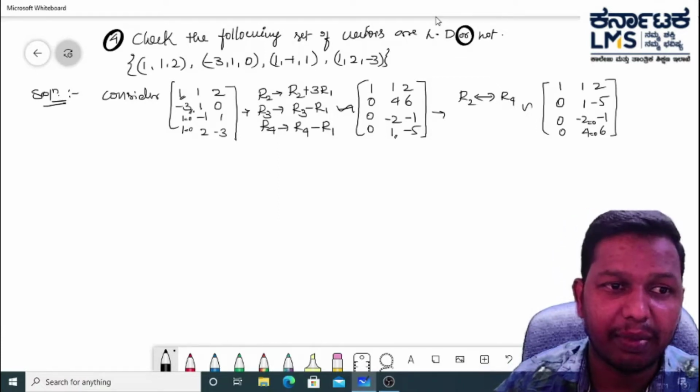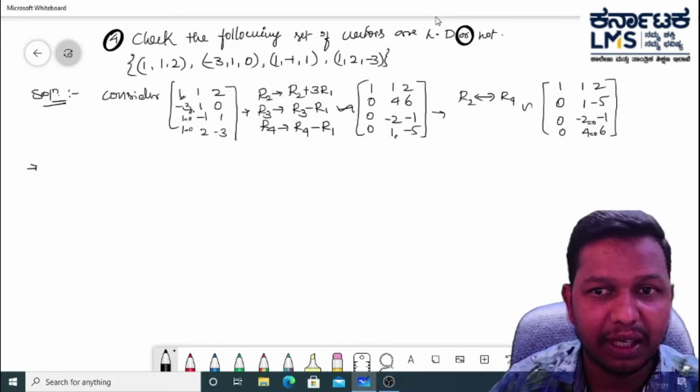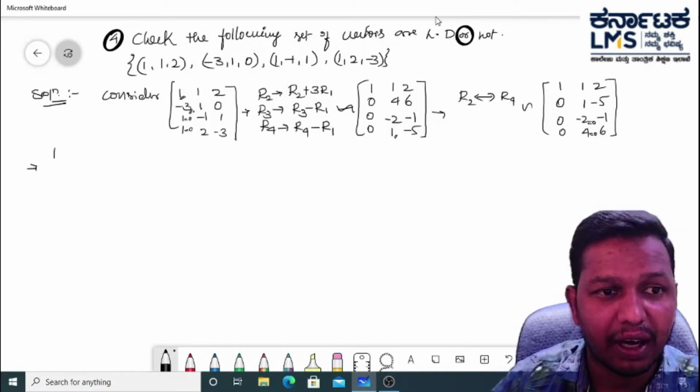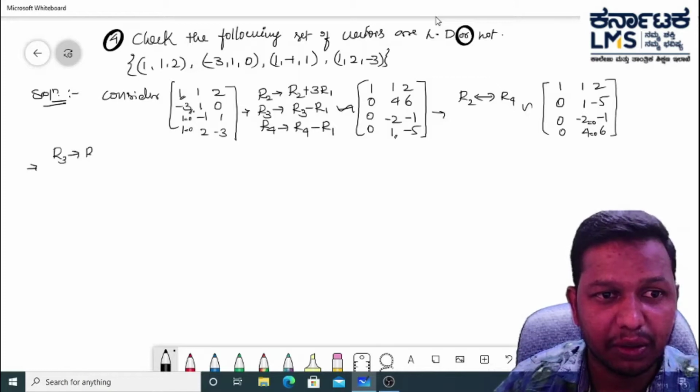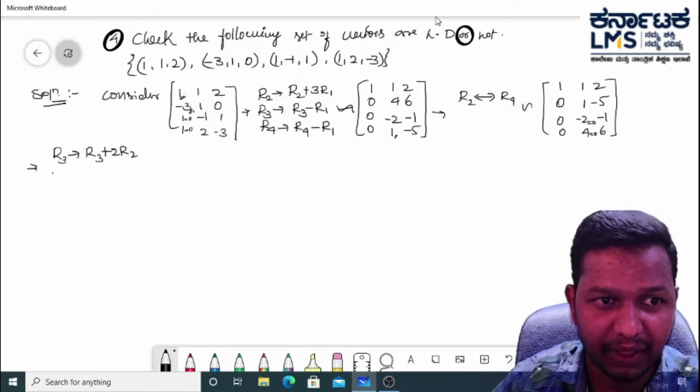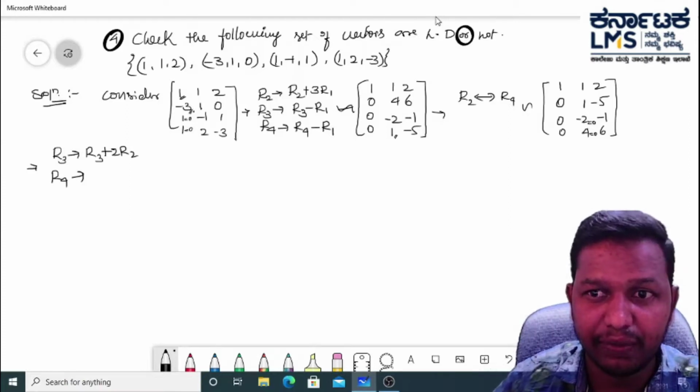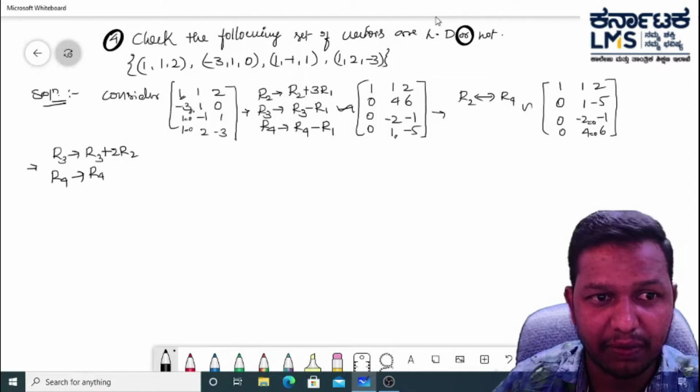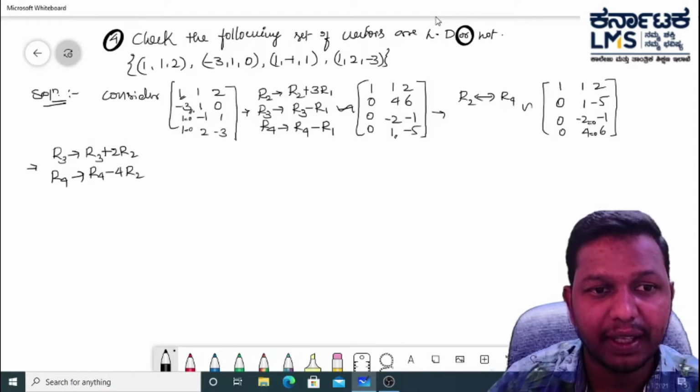So I apply elementary operations for R3 and R4. R3 changes to R3 plus 2R2. For R4, R4 changes to R4 minus 4R2.